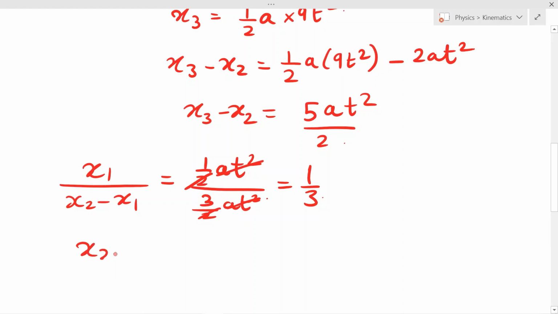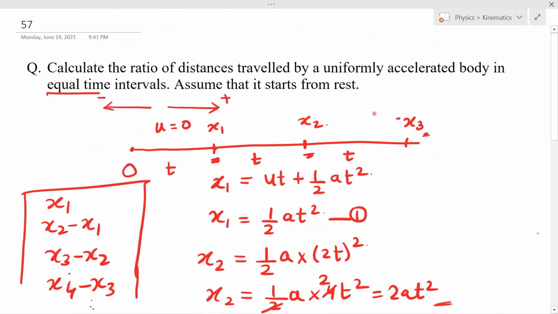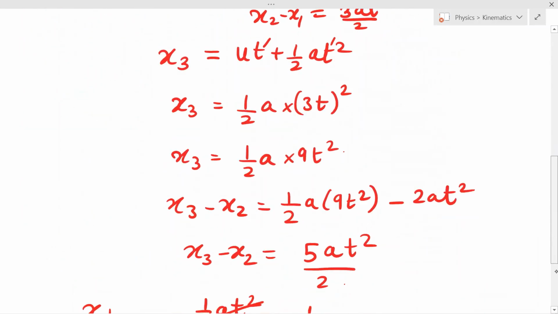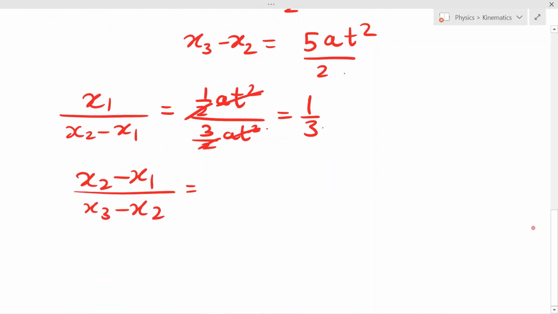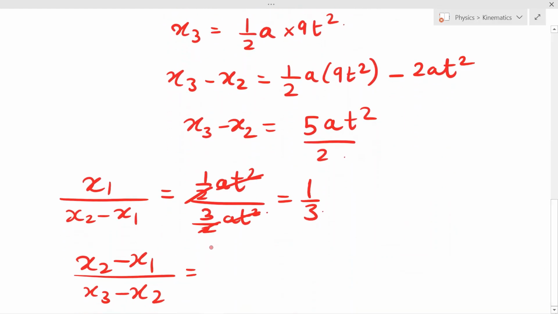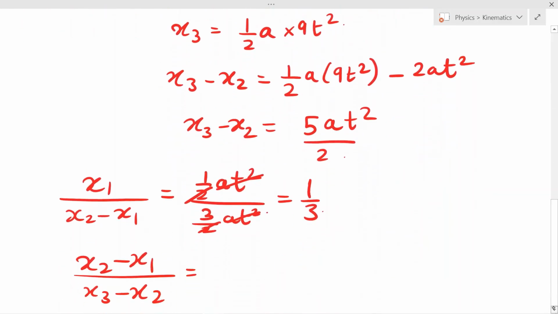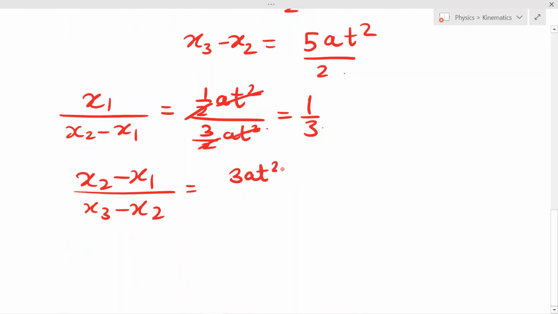Now let's take the ratio of these distances, x2 minus x1 divided by x3 minus x2. So what will it be? x2 minus x1 is 3at square by 2 divided by x3 minus x2, which is 5at square divided by 2.